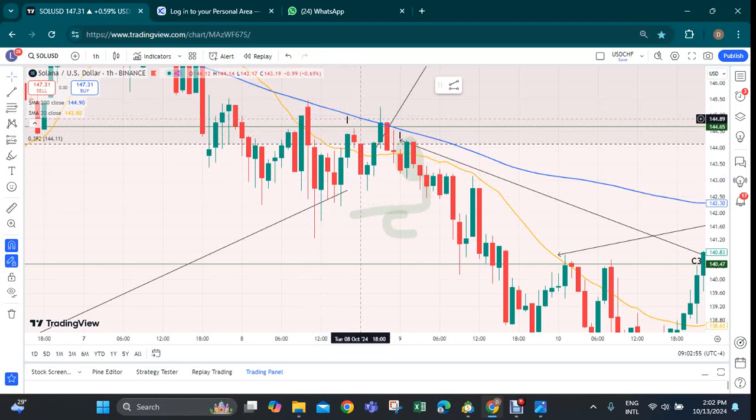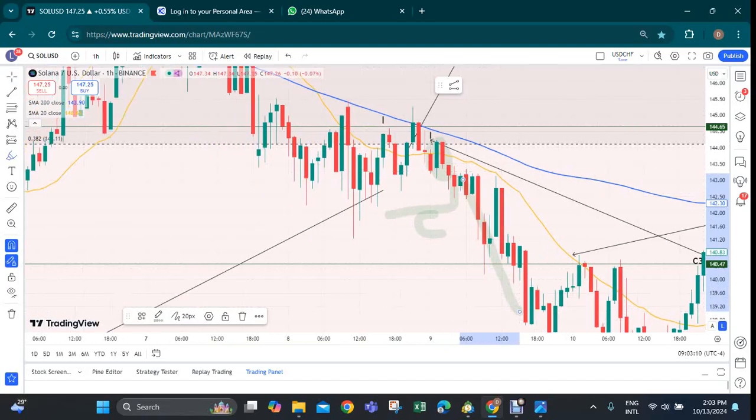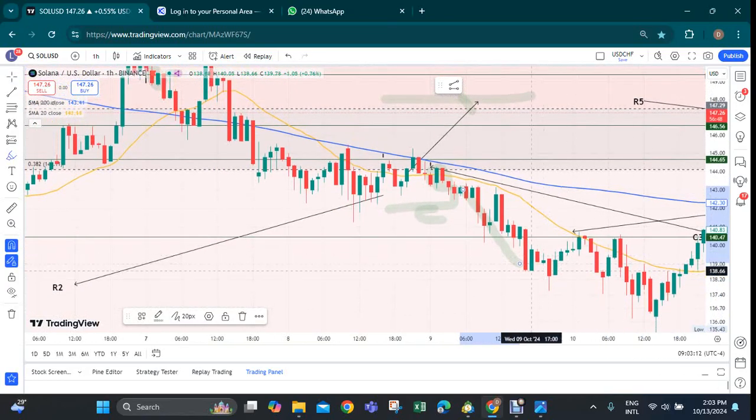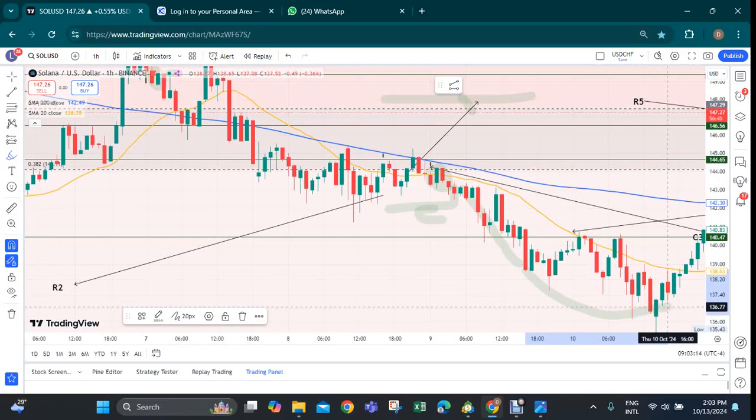We need to close our entries, whether we're in profit or in a loss, because if we don't, the market will keep on falling. And if you look at it, the market kept on falling down to this side.